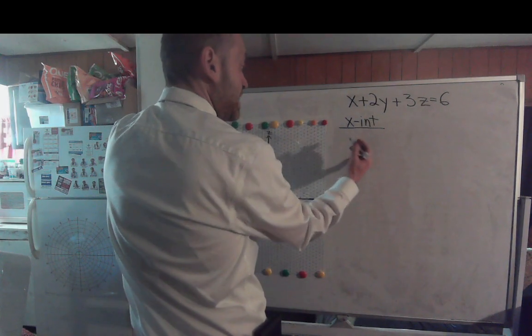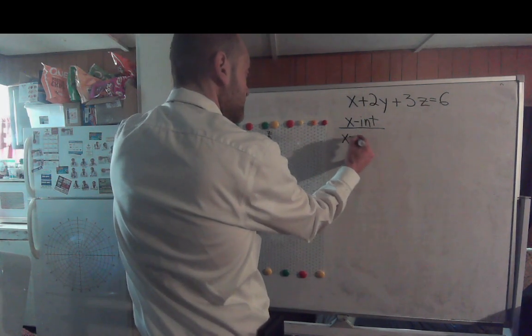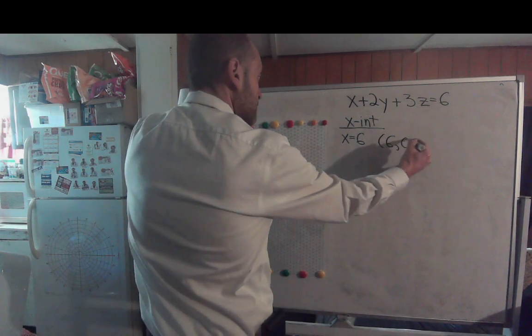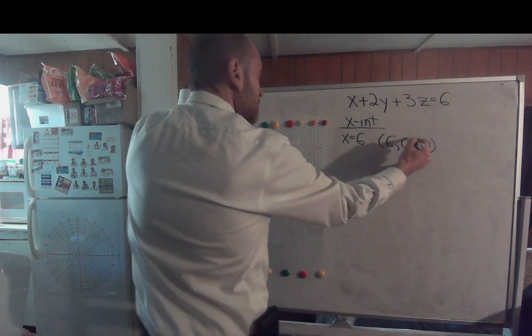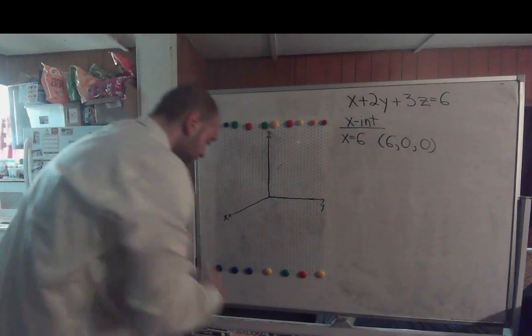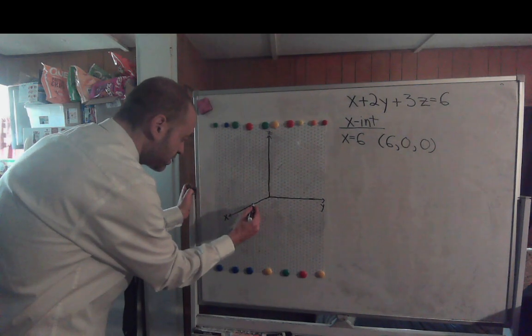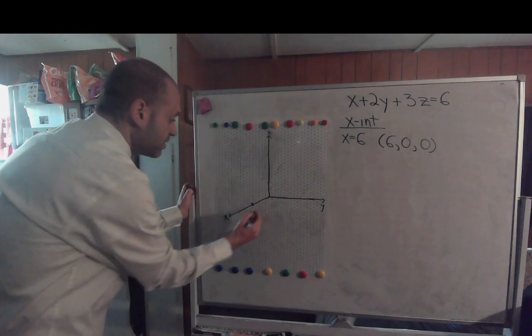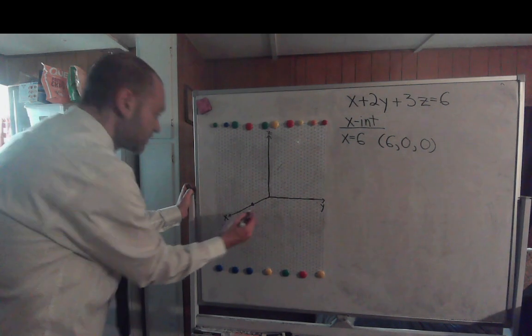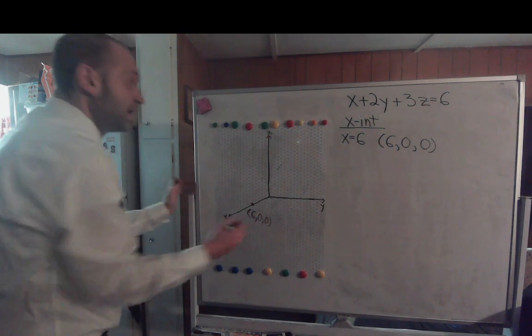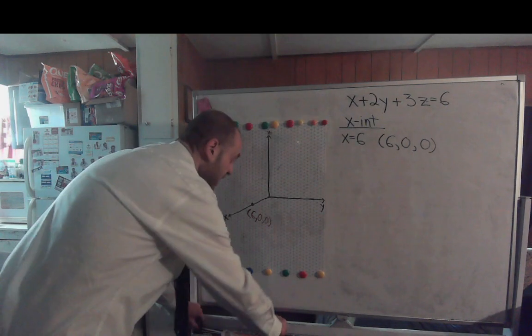If we do that, you would get x equals 6, which would be at the point 6, 0, 0. So now I'm going to go ahead and plot that point 6, 0, 0, which would be right about here. There's 6, 0, 0.